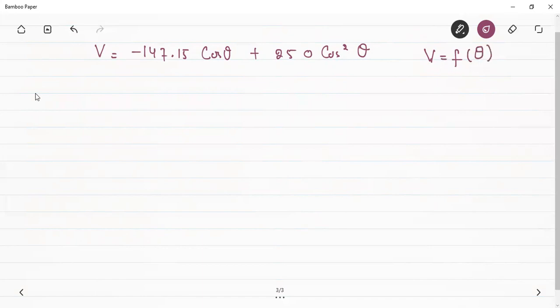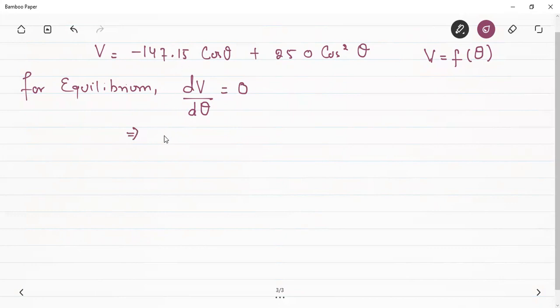and we have represented the potential energy as a function of theta. Okay, now for equilibrium, we can take its first derivative with respect to that independent coordinate, and this should be 0 for equilibrium.